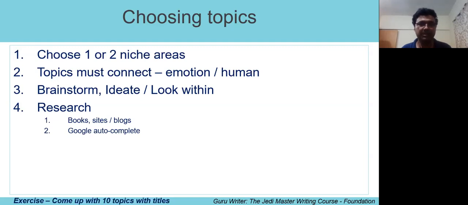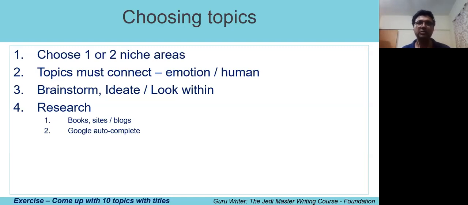my suggestion here is to start by choosing one or two niche areas in which you have some expertise. Choose topics that connect, so topics with emotion that are human interest, of interest to your audience. Brainstorm, ideate, and look within.